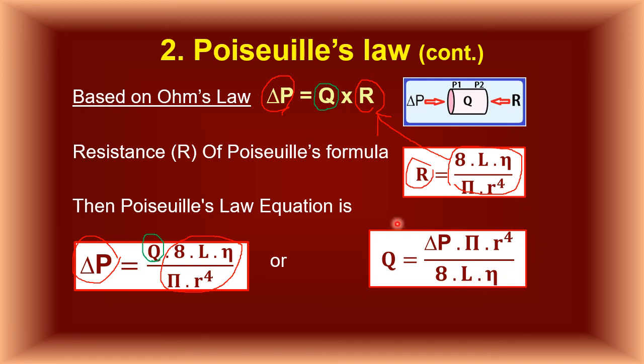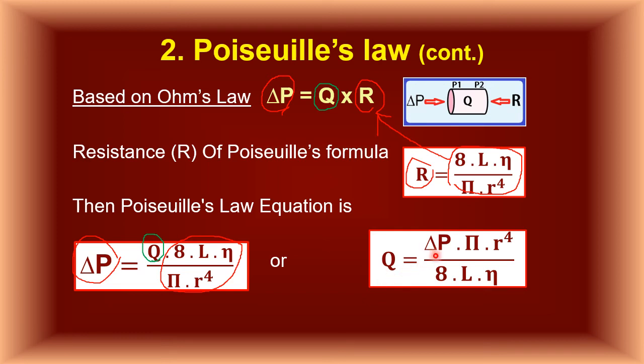This is the formula that will help us understand what we can do if somebody is having deficiency of blood flow to some area.